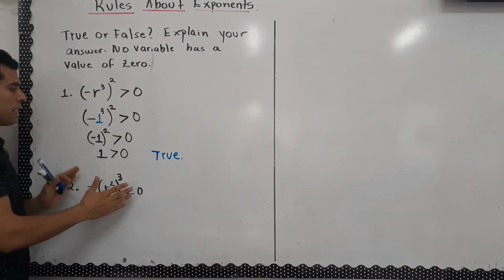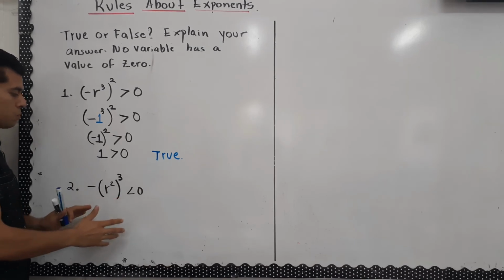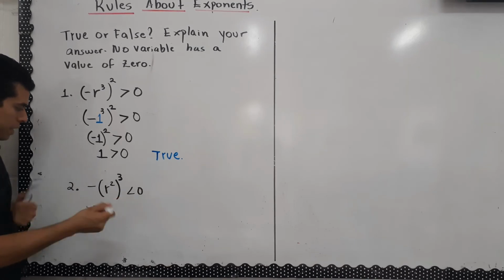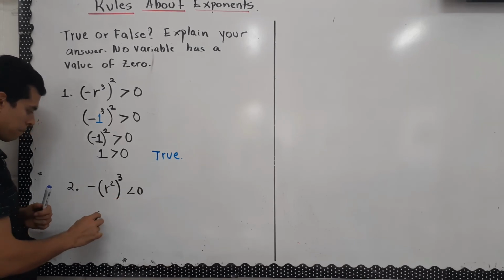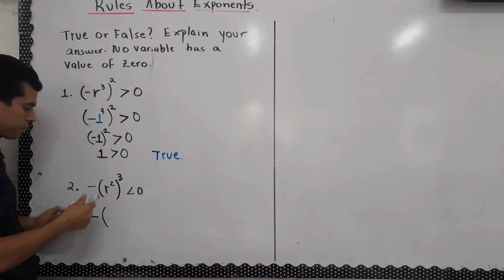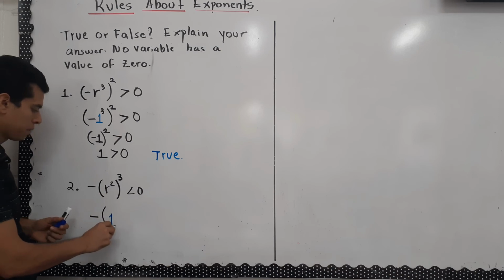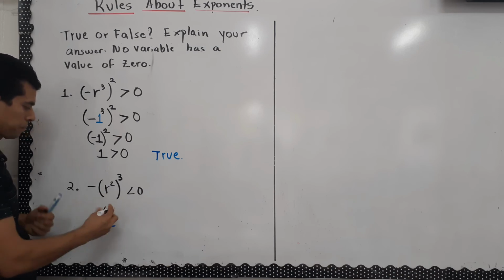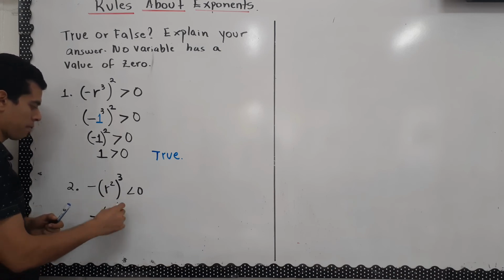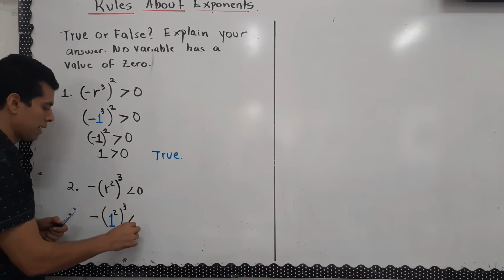So the same idea we are going to do here. So in this exercise, negative, I'm going to have here always a 1. So it's going to be 1 elevated to the 2, and everything elevated to the third power, less than 0.